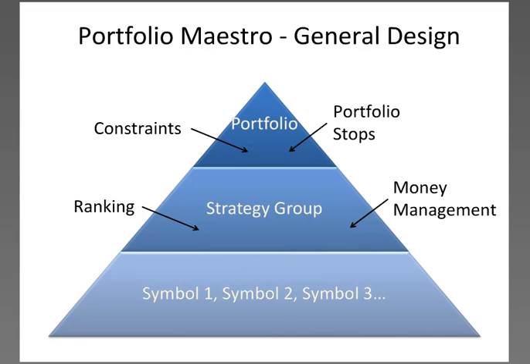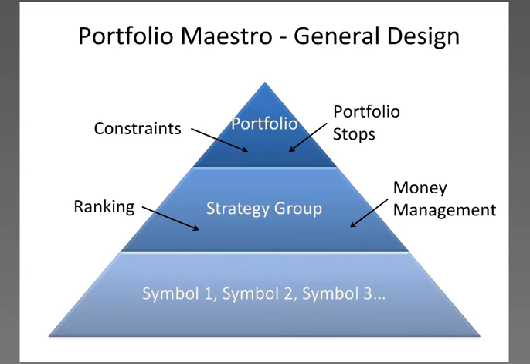The main reason why the structure is important is because there's a sense of hierarchy in the design. So for example, since constraints reside at the portfolio level, they'll have priority compared to functionality at the strategy group level.